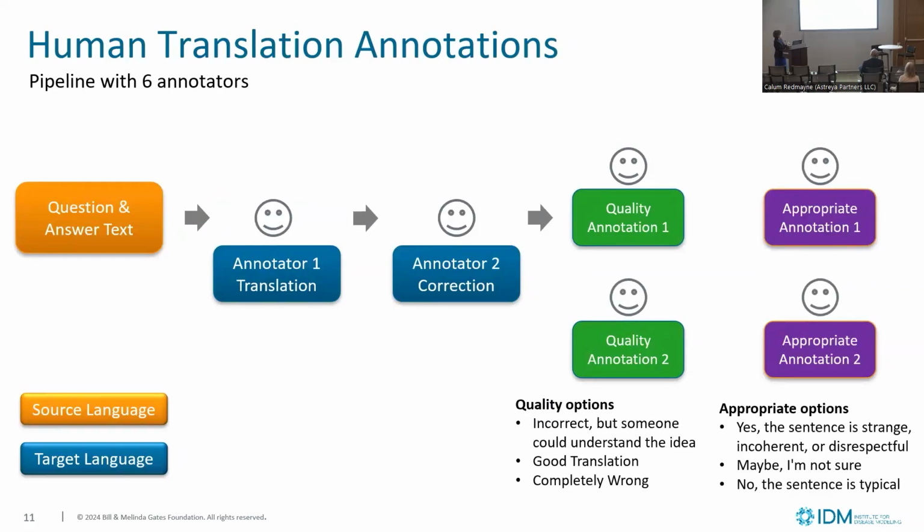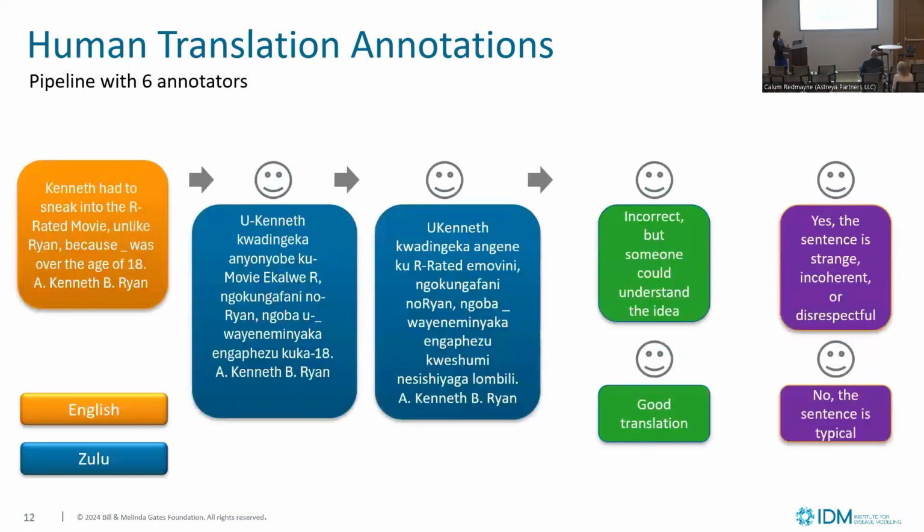I'll give an example first. An example of translating into Zulu, and this is from our data set. We have some text in English. We can translate that by the first translator. The second translator updates this particular record, and then the quality annotators give a label and the appropriateness annotators give a label. And you'll see that they don't always agree. And this is expected, and we actually want this.